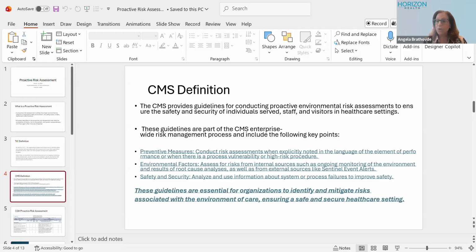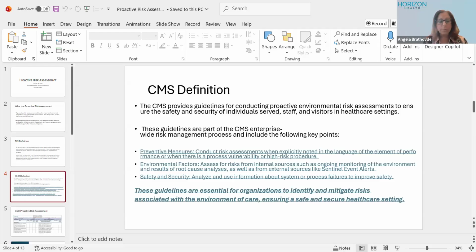So we're constantly monitoring the environment daily, monthly, and annually, and even in between to make sure that nothing's broken, or if something is broken, that it is fixed immediately so no one gets hurt. These guidelines are essential for organizations to identify and mitigate risks associated with the environment of care, ensuring a safe and secure healthcare setting.